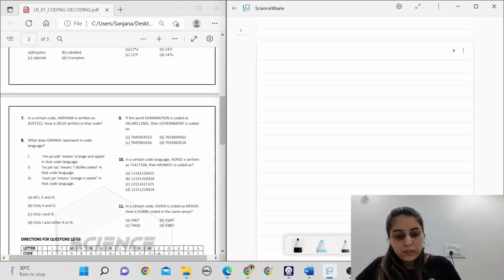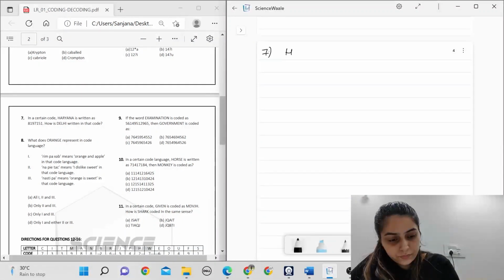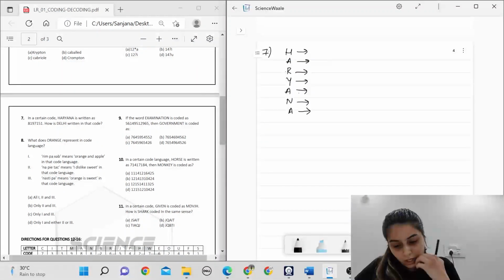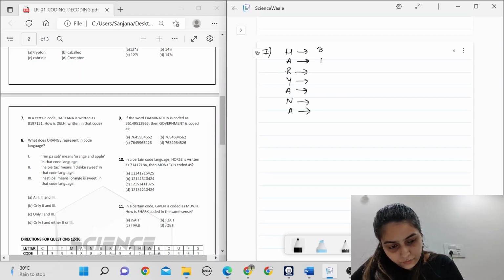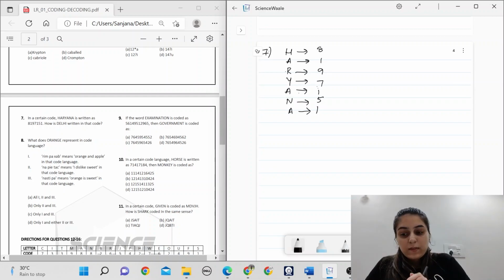Now coming to the seventh question. In a certain code, Haryana is written as something. They asked us to write Delhi in the same code. They have written Haryana as 819751.